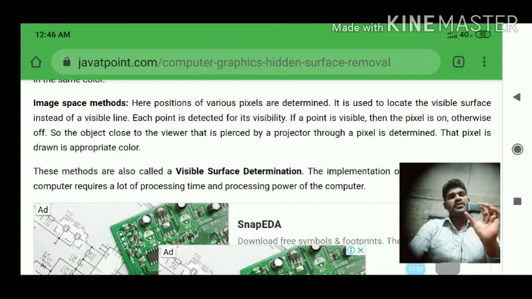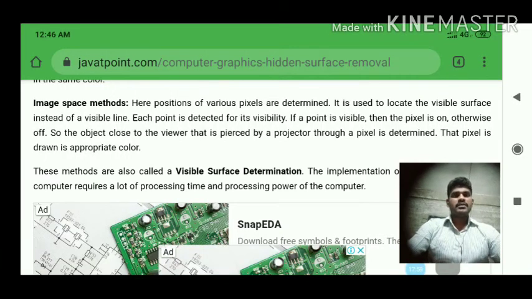The first method follows the physical things, and the second method follows the images on a screen, pixel by pixel. That is comparison of the objects, visible and invisible things. It is also visible and invisible surface wise, but here if it is visible, the pixel will be on. If it is not visible, the pixel will be off.